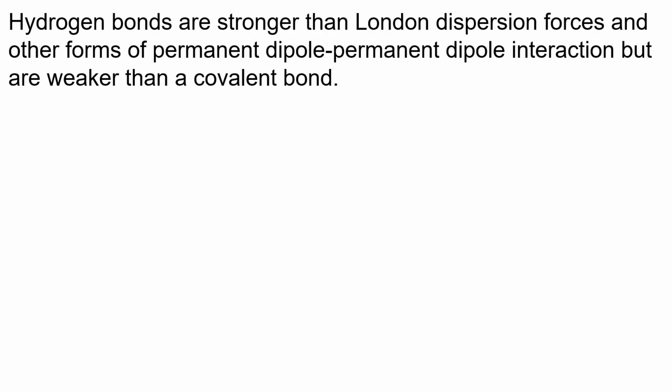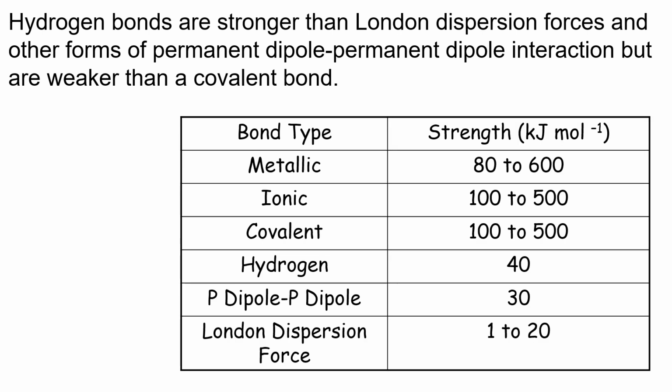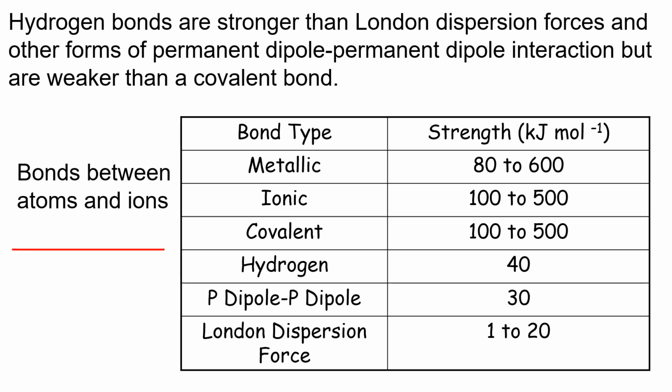As well as looking at the structural formula of molecules and identifying functional groups that allow the molecules to do hydrogen bonding with each other, you need to know the relative strength of hydrogen bonds compared to other intermolecular forces and other types of bonds. This is a table summarizing bond types and their strength. The top 3 are bonds you would get between atoms and ions. These are strong bonds, such as metallic, ionic, and covalent bonds.